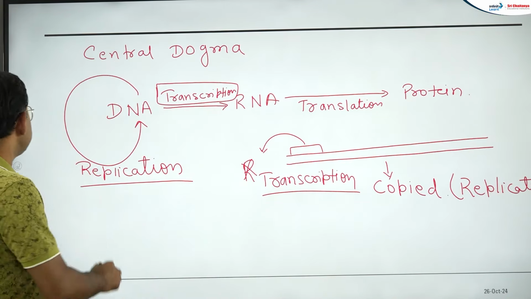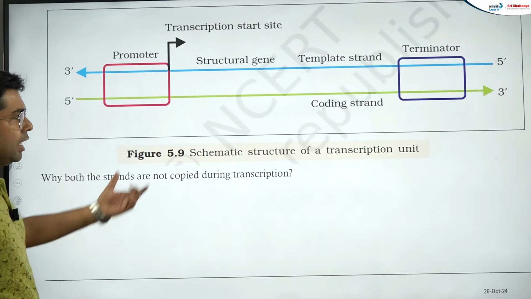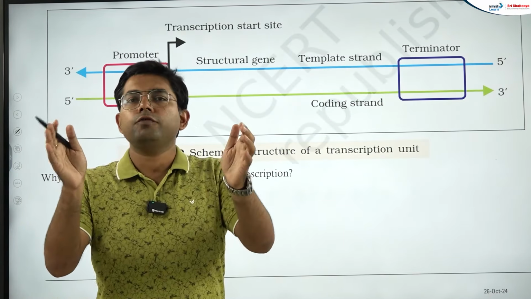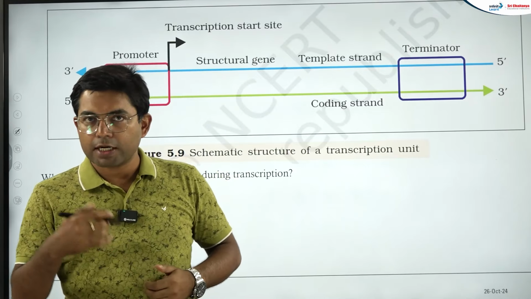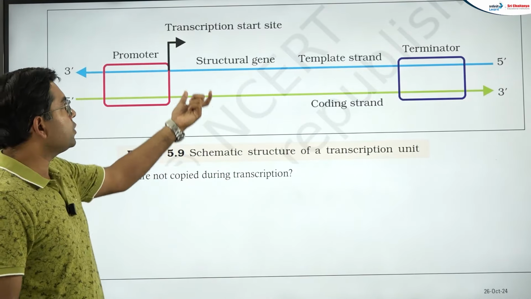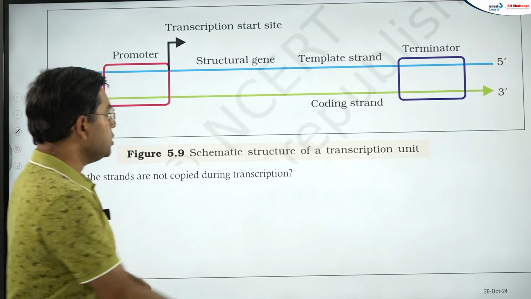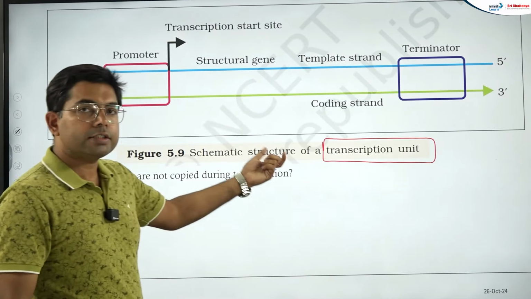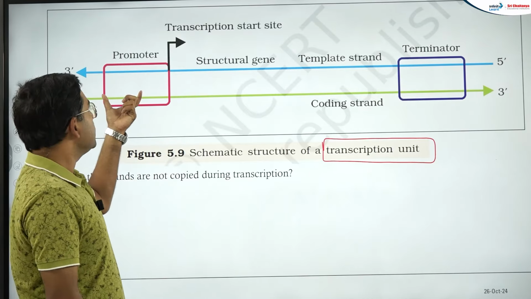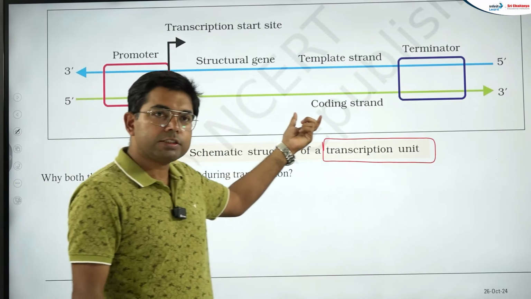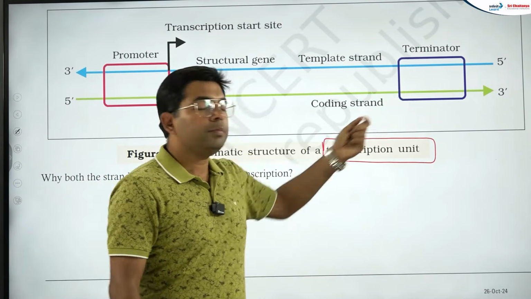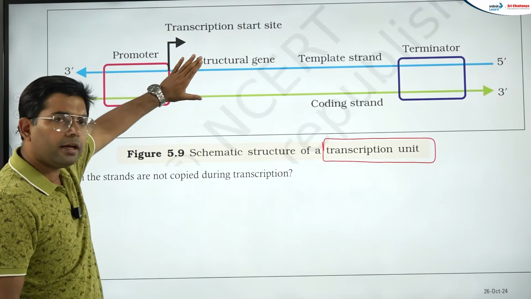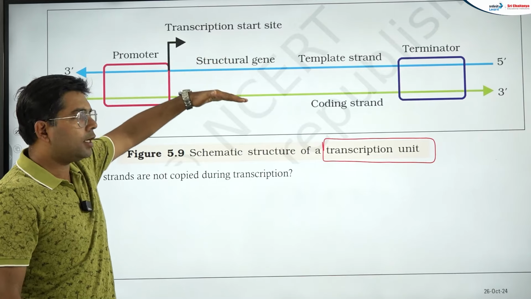So transcription takes place in the DNA, and as I said, a small part of DNA always undergoes transcription. So the unit of transcription is called the transcriptional unit, and this unit consists of three parts: the promoter, structural gene and the terminator gene.